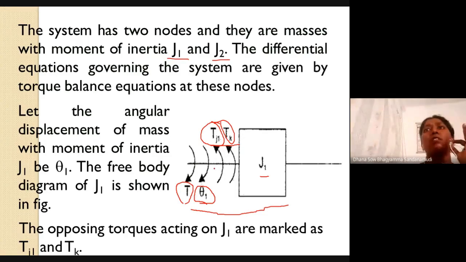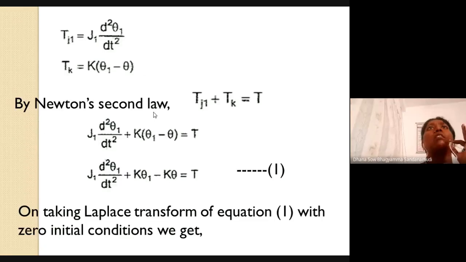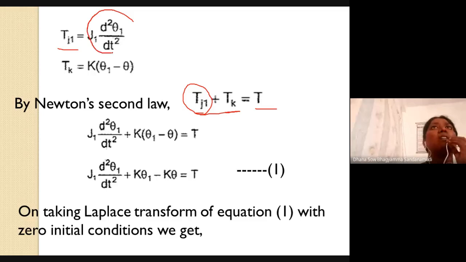Applied torque is T. Opposing torques are Tj1 and Tk. The summation of these two opposing torques will be equal to the applied torque. Tj1 is the torque due to the moment of inertia, which will be proportional to the angular acceleration.